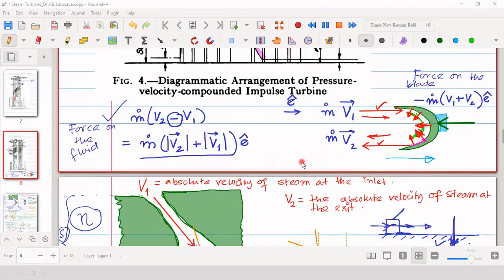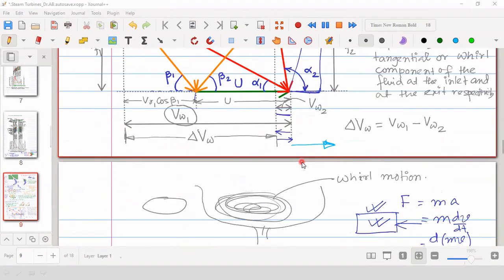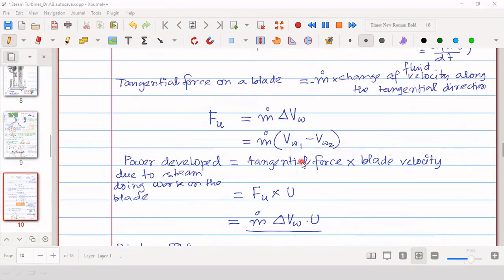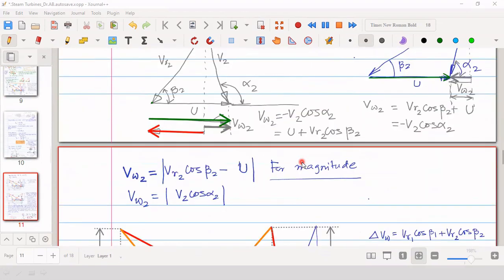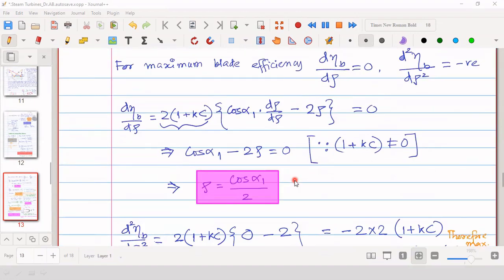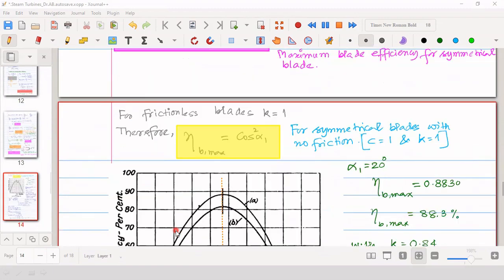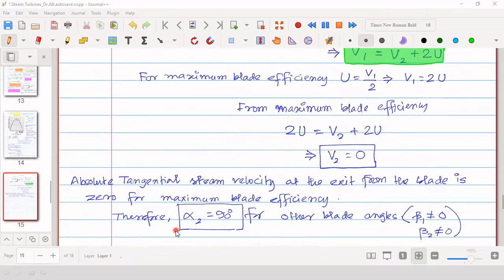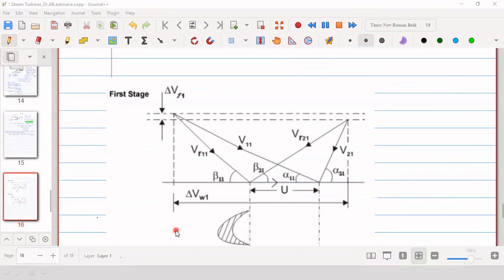Now we will discuss the velocity compounded impulse turbine and its performance parameters. So for a velocity compounded impulse turbine, this is the first stage.